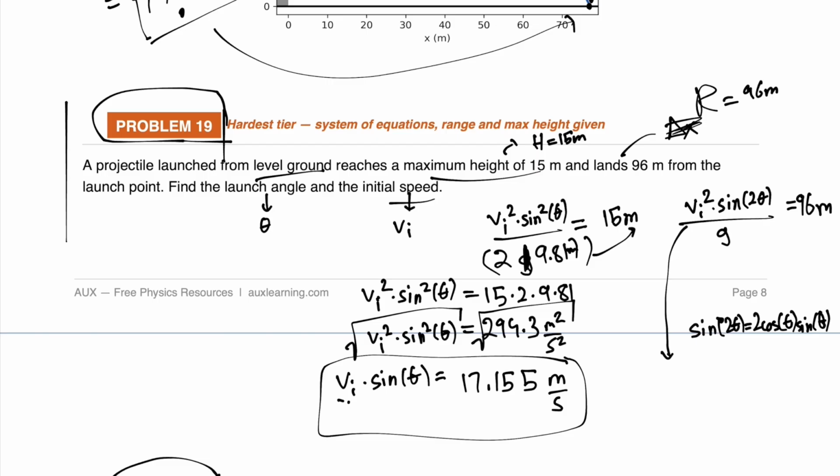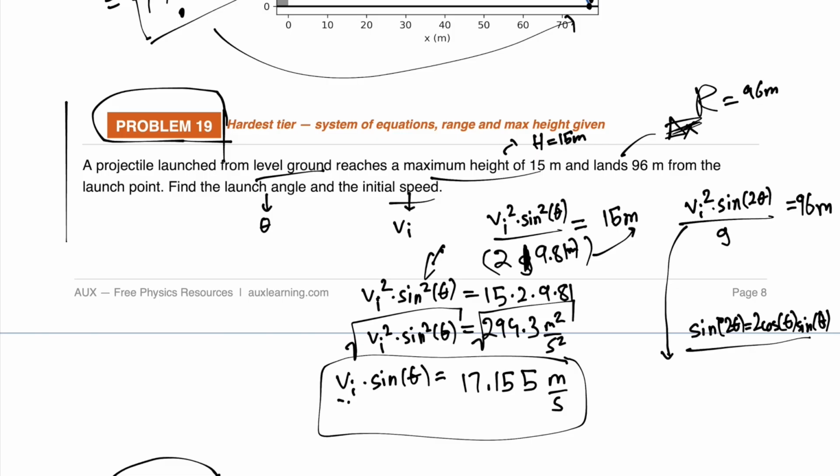Otherwise, you could just use vi squared sine squared theta over here like this, and substitute into this. But don't worry about it, okay? That's a bit too hard. That's not something you'll be given if you don't already know this identity.